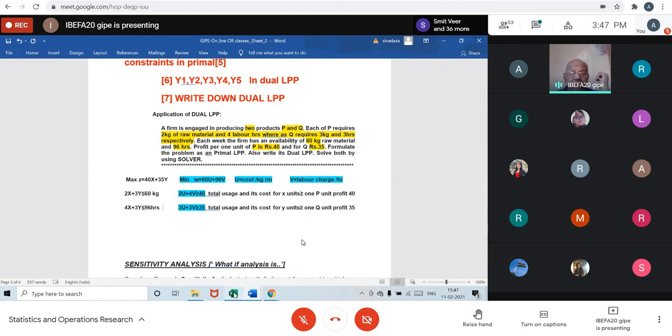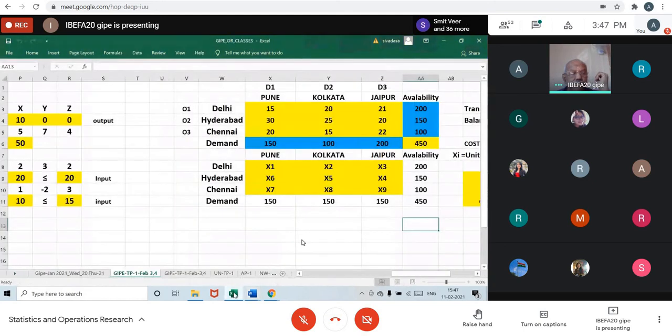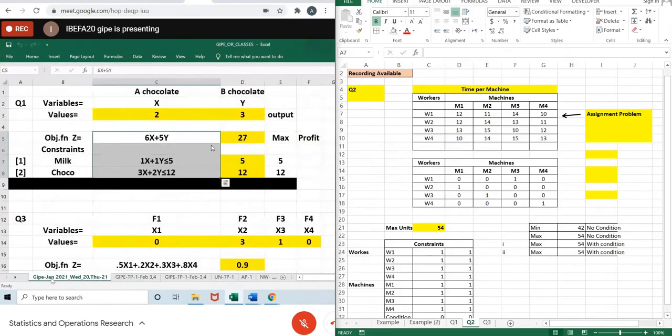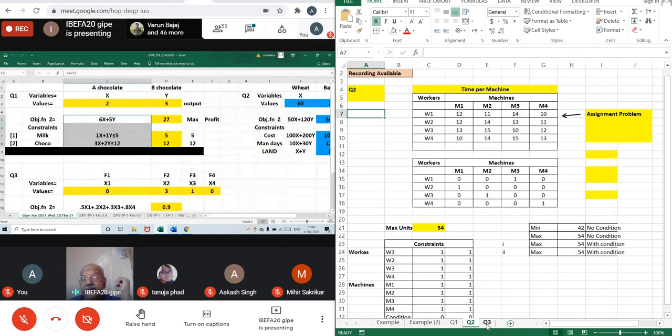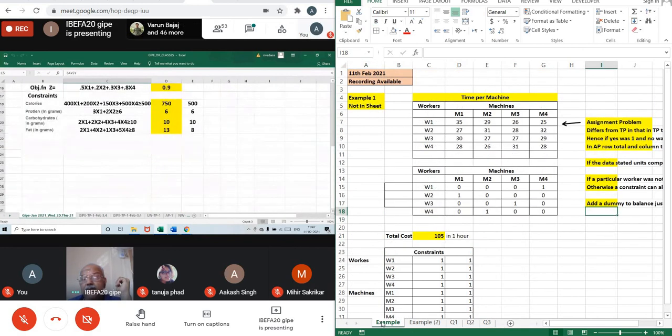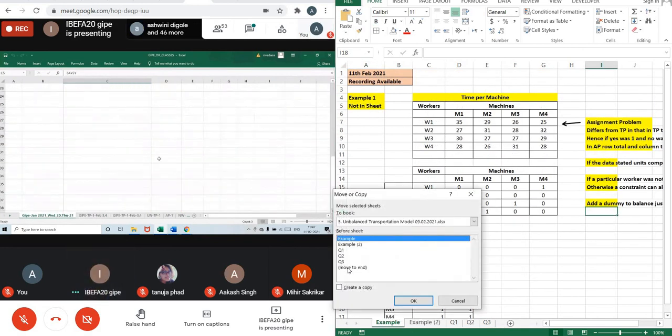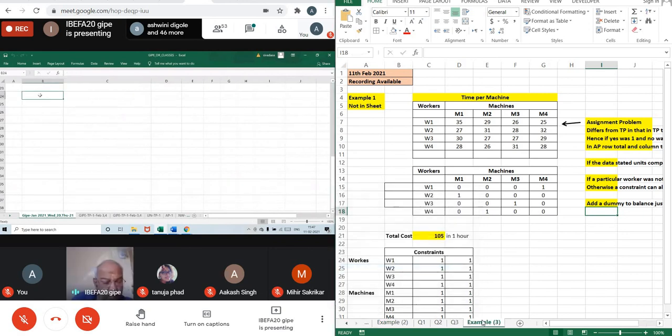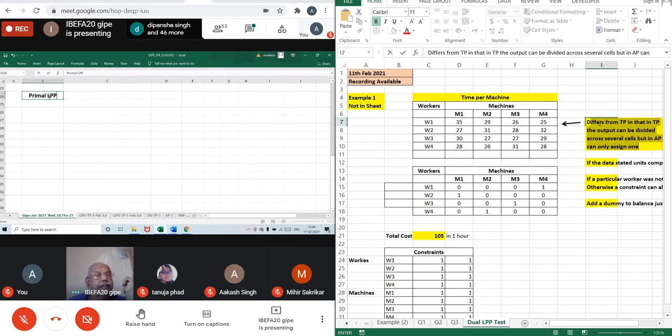Okay, let me work now. I took the LPP sheet itself. I give the headline primal LPP, and somewhere here I will write dual LPP.